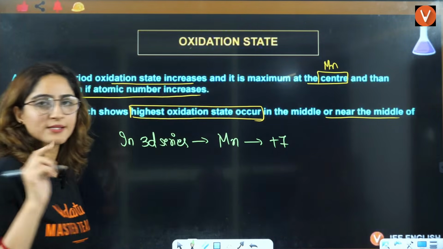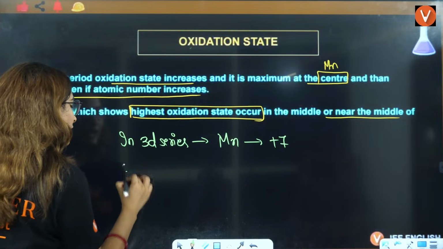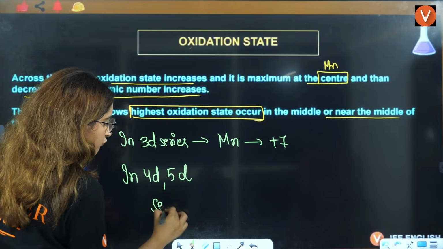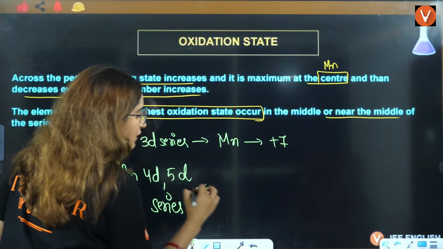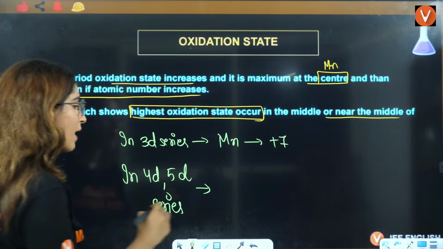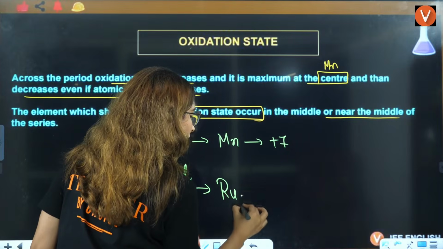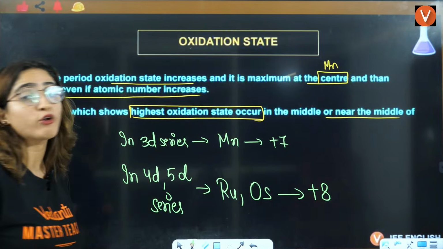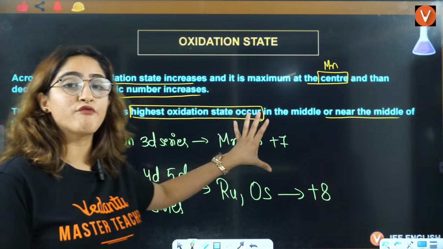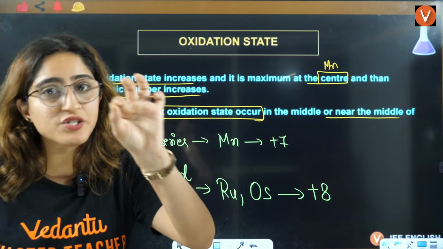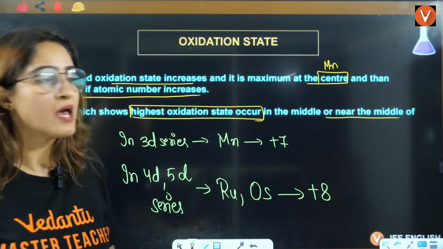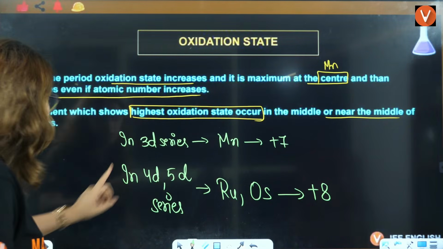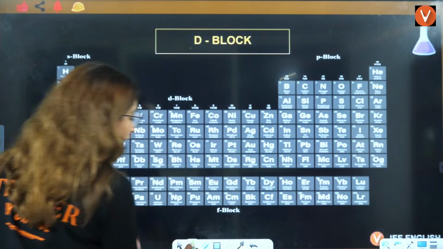And in the 4d and 5d series, it is shown by ruthenium and osmium, and they are showing +8 oxidation state. This is a very important factual question that they can directly ask you. In 3d series, it's manganese. In 4d and 5d series, it's ruthenium and osmium.